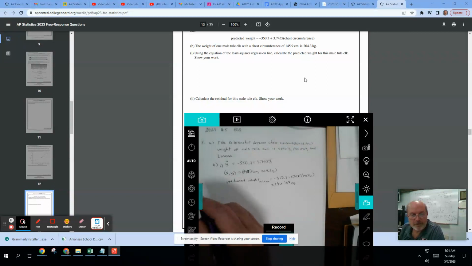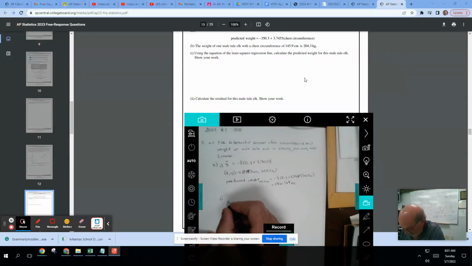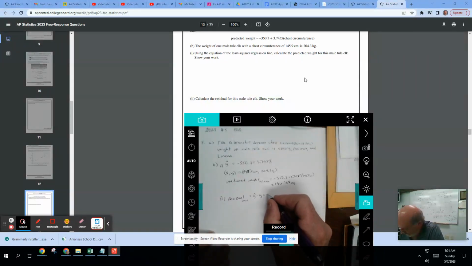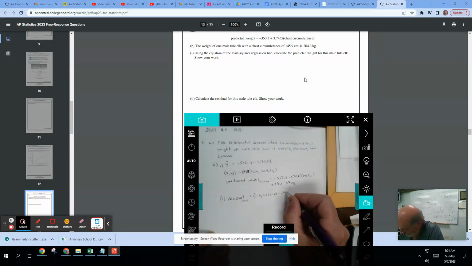Calculate the residual for this male tule elk. Okay, so our residual for this actual value of 145.9 is the predicted weight minus the actual weight, which is going to be 196.168 minus 204.3 kilograms.